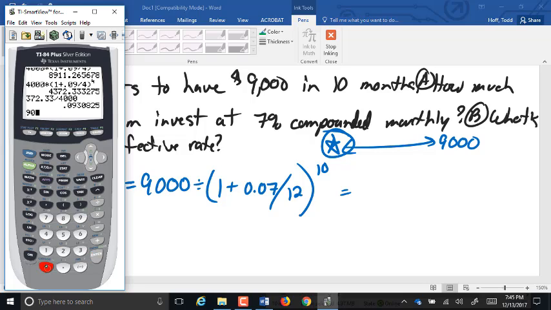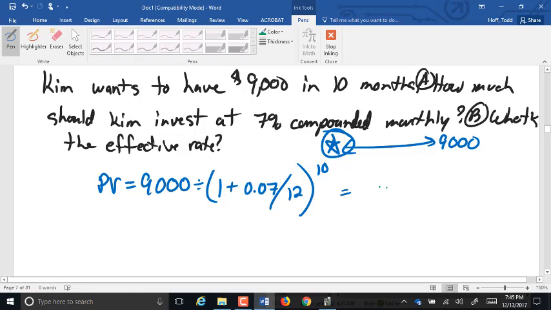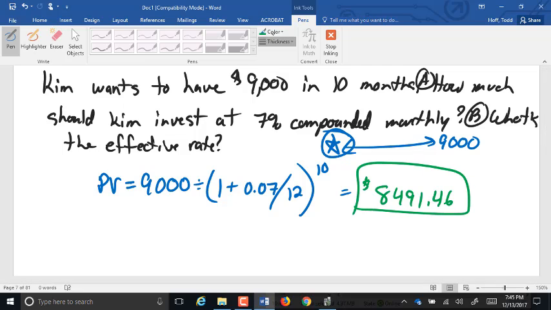So 9,000 divided by 1 plus 0.07 divided by 12, to the power of 10, is 8491.46. That is the present value.